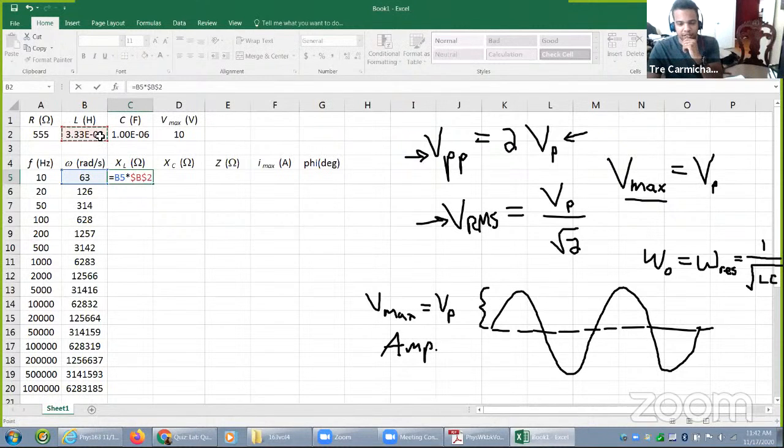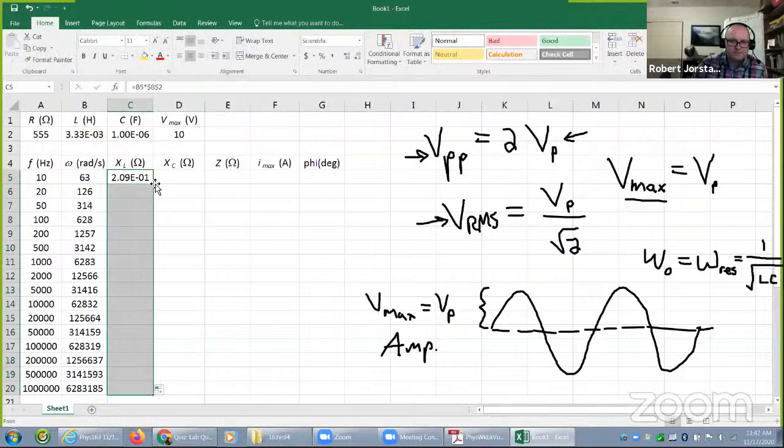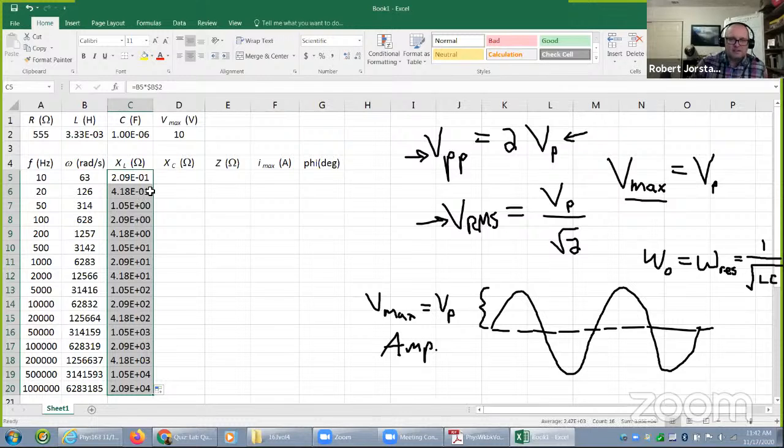Dollar signs first. Ah, yes. Oops, I clicked the wrong spot. So I'm going to click L. Remember, L is a constant. Don't forget to hit those dollar signs. There we go. Looks like it's doing scientific notation. It doesn't really matter. We can clean it up later.